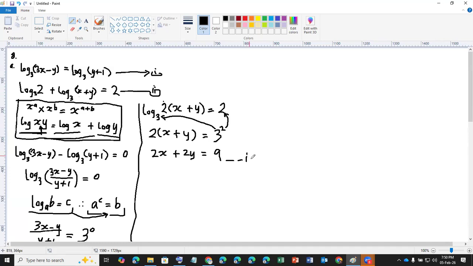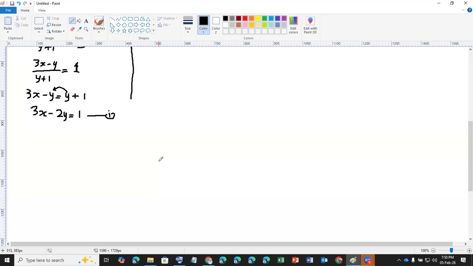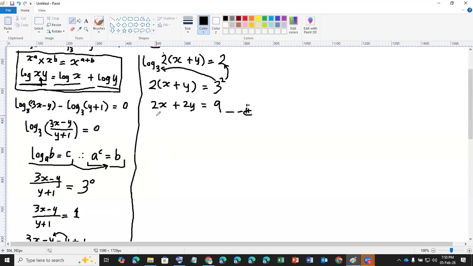So that's equation 2, and we can solve it. Equation 1 was what? 3x minus 2y equals 1. So let's put it on there: 3x minus 2y equals what I've done.